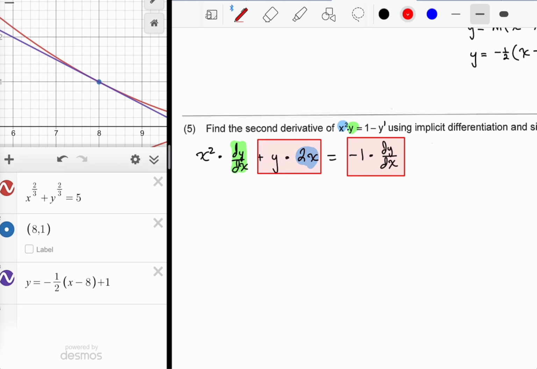Using appropriate algebraic operations, we make the swap. We're subtracting and adding to both sides, but those two should be in the reverse positions, right? Because I want the dy dx on the left, I want the thing without the dy dx on the right. All right, so x squared dy dx plus 1 dy dx, or just dy dx, is equal to negative 2xy.